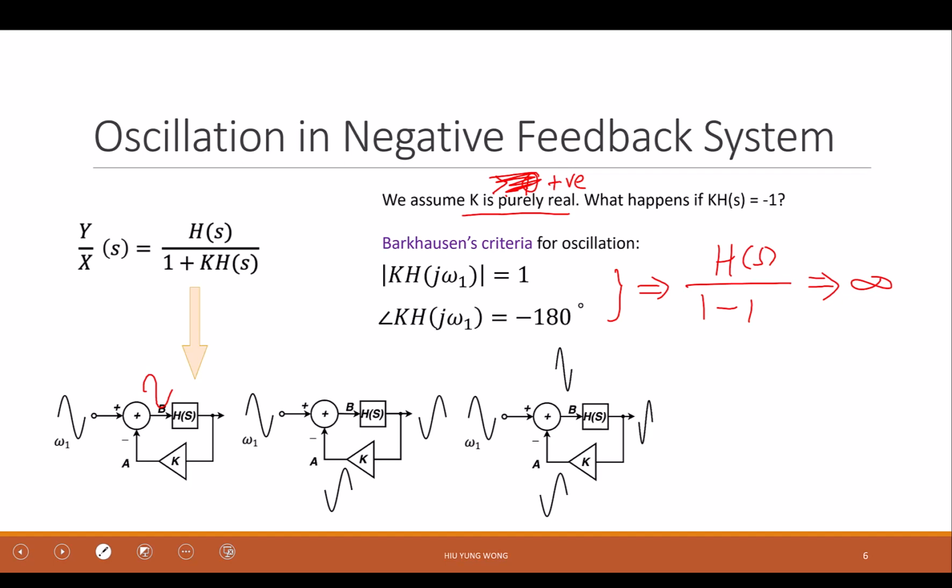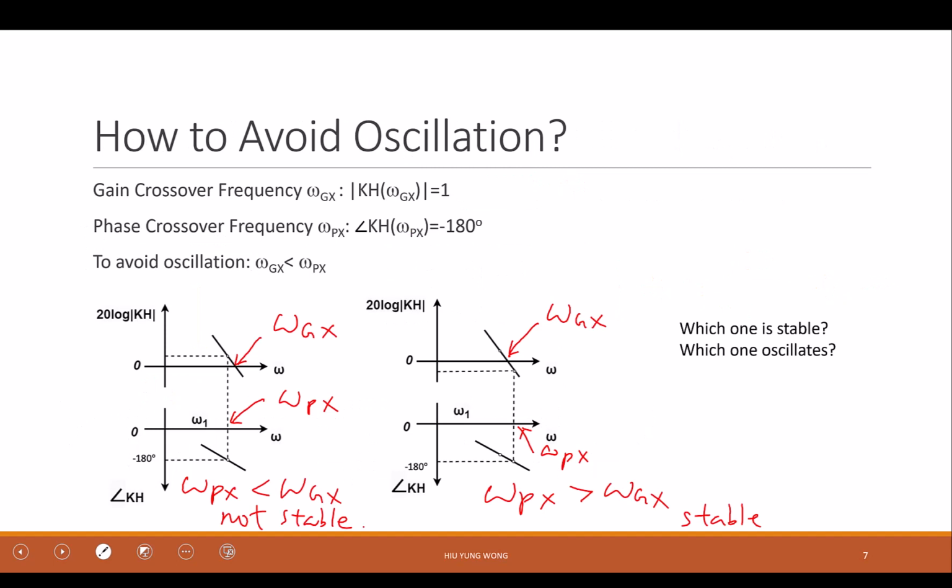But to analyze this, we want to look at the Bode plot of KH. Because if I just need to look at the magnitude and also the phase, then I will know whether it's going to have an oscillation, right? And that's why this is important. The point is this: if we define two frequencies, right?